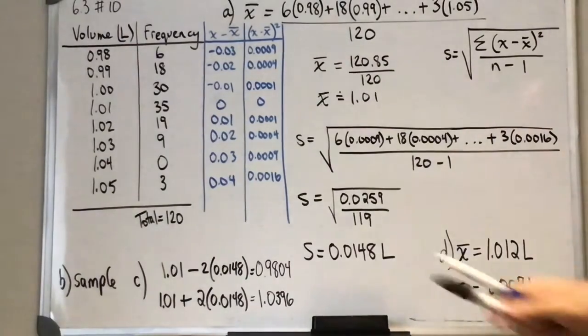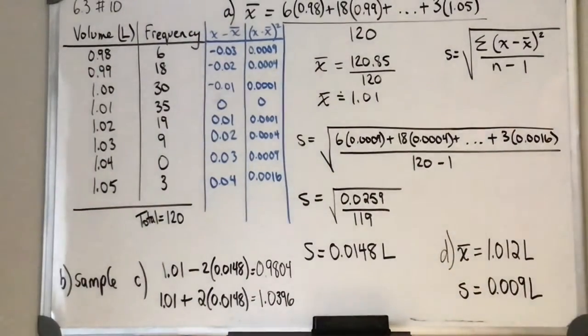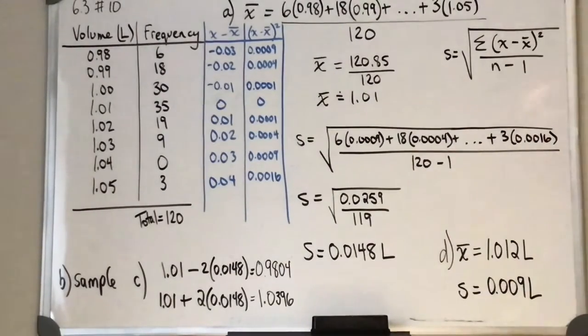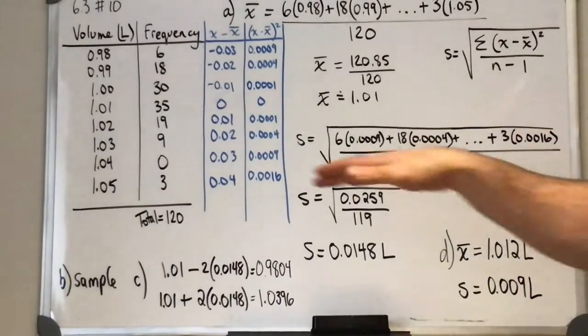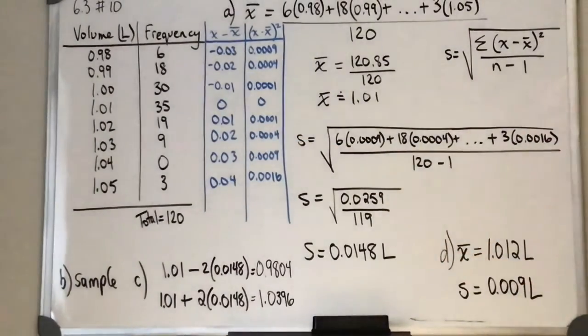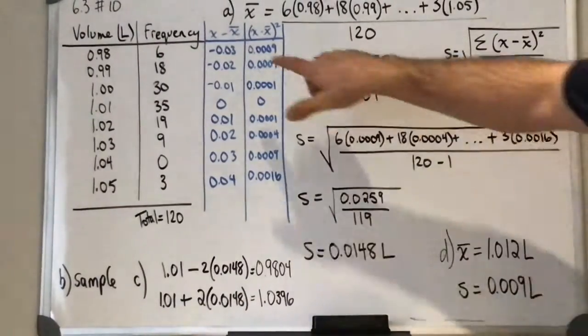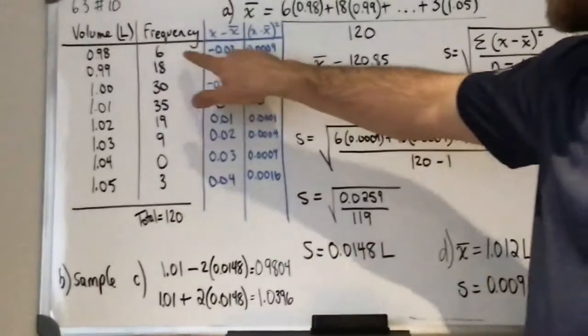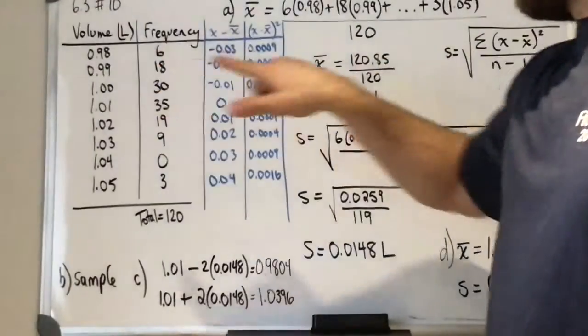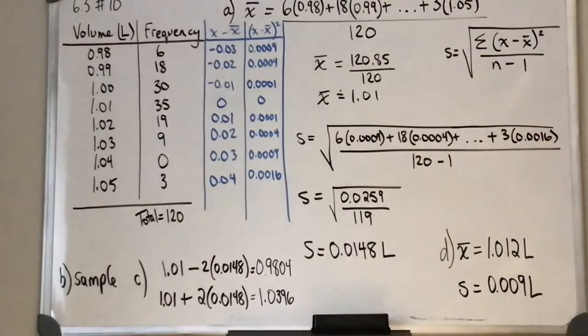Now, since there are 120 1 liter cartons of milk that we're looking at here, this could be an incredibly tedious calculation if we had to do all of them individually. So we'll try to simplify that calculation a little bit. We're going to start off just like in that previous example, by taking our volume and subtracting our sample mean from it.